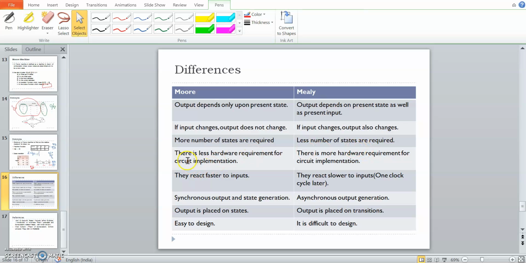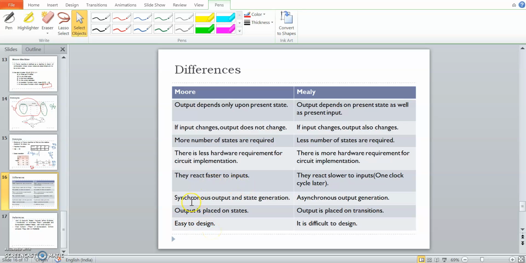Obviously, on the hardware side, less hardware is required for circuit implementation using the Mealy machine, whereas the Moore machine hardware is quite complicated, or it requires more hardware. So designing is more complex in the Moore machine, whereas the Mealy machine is easy to design.